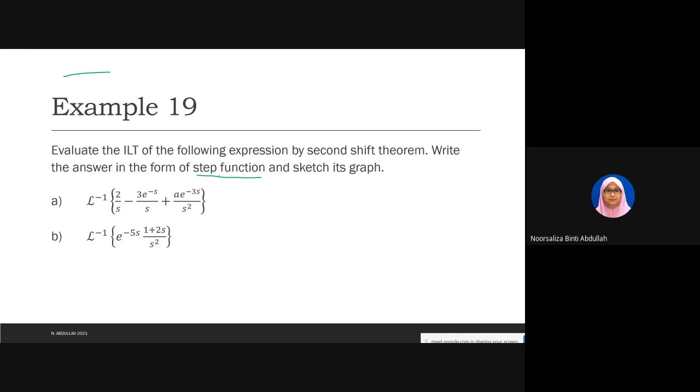There is a difference between these two. Then you have to sketch the graph. Okay, so example 19A.